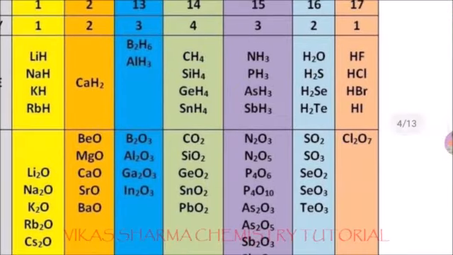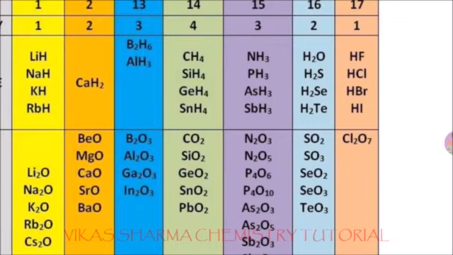Next, group 14 forms the same pattern of hydride, CH4, SiH4, GeH4, SnH4, and the same oxides are formed: CO2, SiO2, GeO2, SnO2 and PbO2.